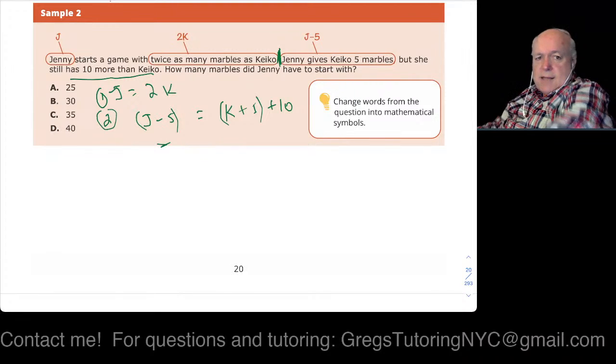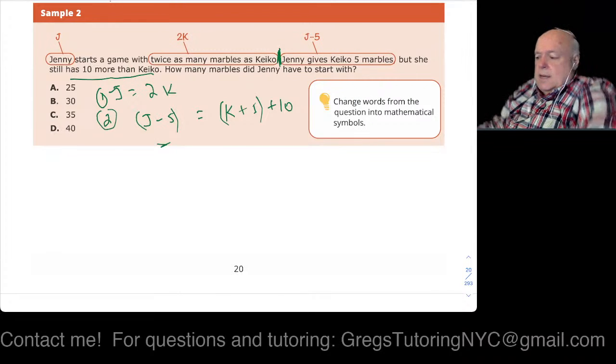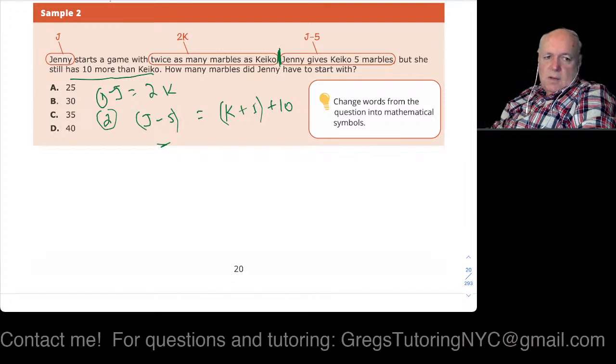Okay, so this is a classic age problem, because normally this problem is done as like Jenny's 5 years older than Keiko, but in this case it doesn't matter if it's marbles or whatever, it's the same thing. Okay, so at this point, if we want, we can get rid of the parens, and we have Jenny minus 5 equals Keiko plus 5 plus 10, so that's Keiko plus 15.